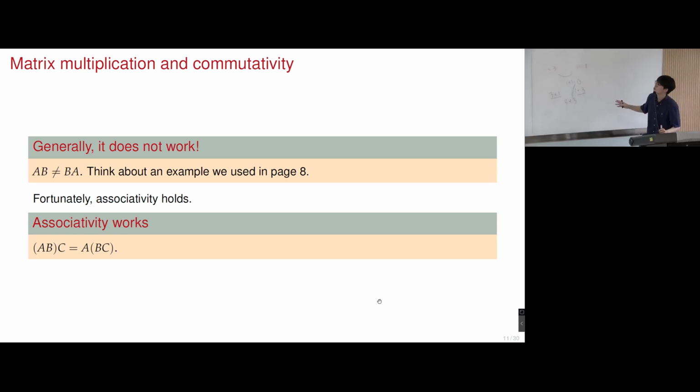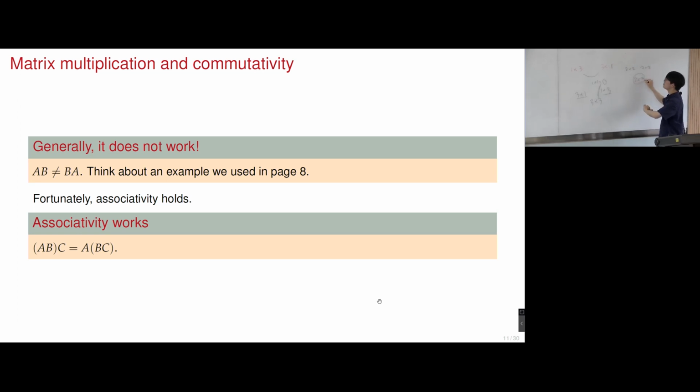But this doesn't mean that this kind of problem only holds when there are different row and column numbers. Even if the row number and column number are the same, there are cases where AB is not going to be the same as BA, right? Even if this was a 2 by 2 matrix times a 2 by 2 matrix, so even if you switch, you're still going to get a 2 by 2 matrix.